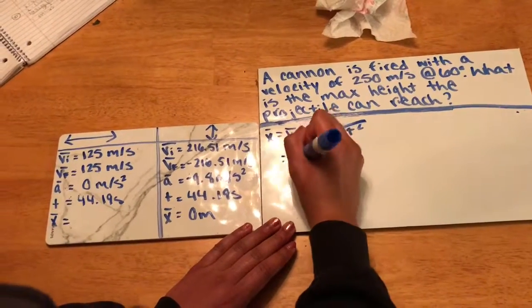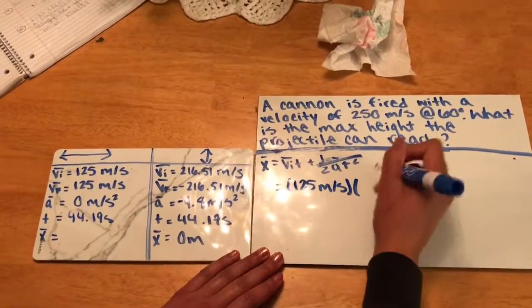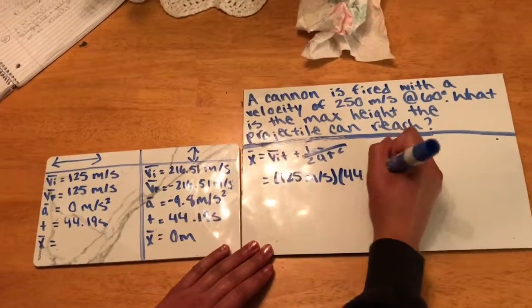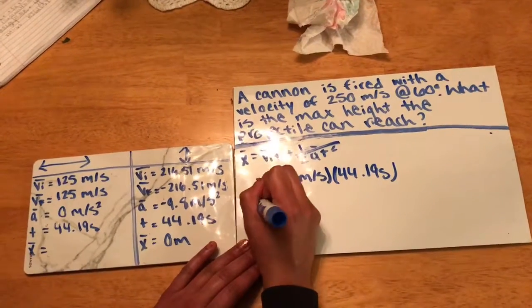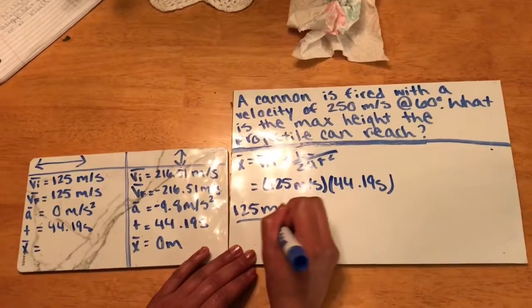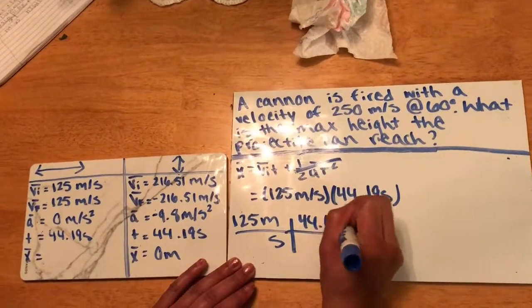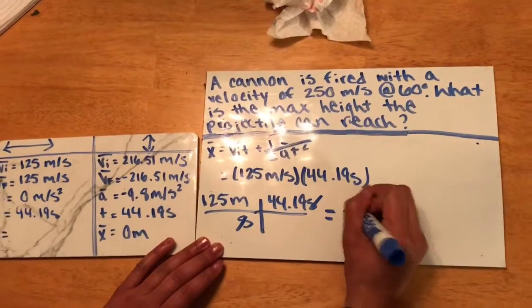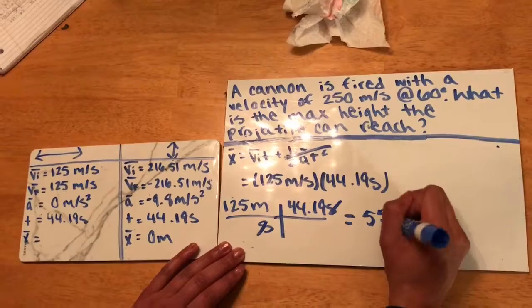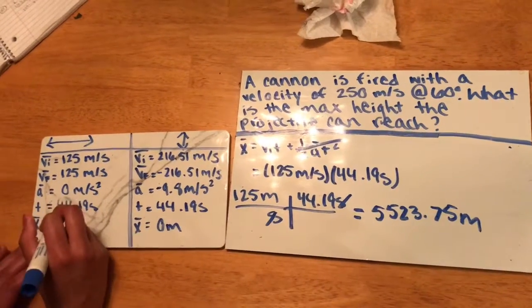So we have it as 125 meters per second times the time, which is still 44.19 seconds. Put it into unit analysis so that we can cancel out our units. The seconds cancel, and our final answer is 5,523.75 meters, which we can also put in our chart.